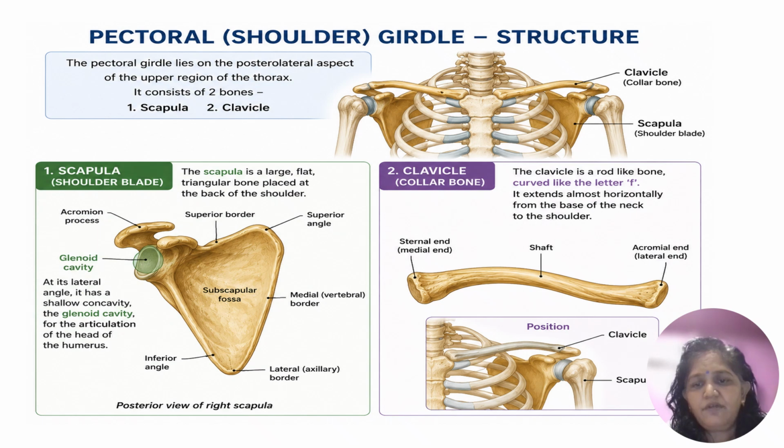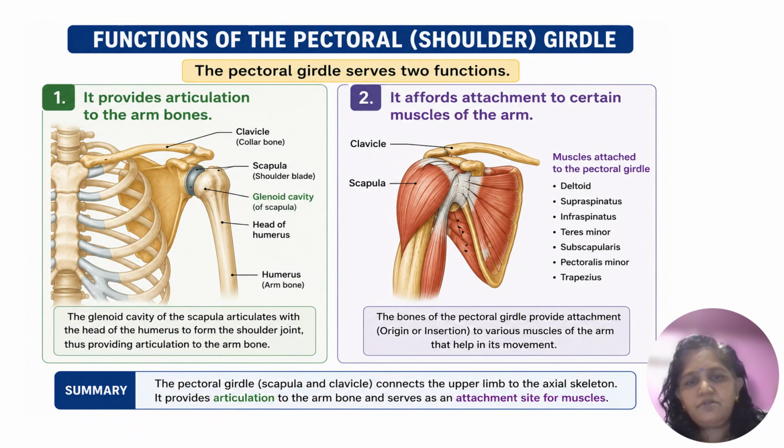You can see the acromial end is towards the scapula side, and the sternum, we talked about the sternum day before yesterday, means the chest region.